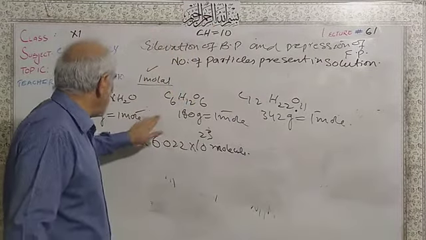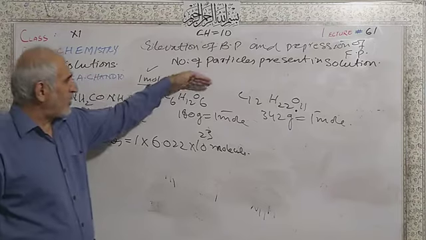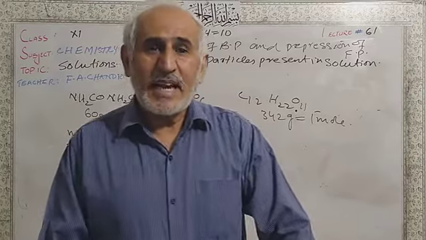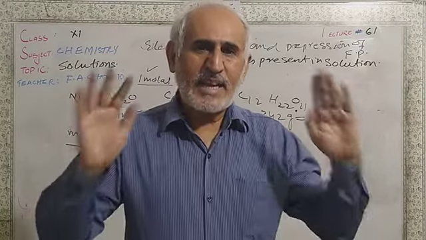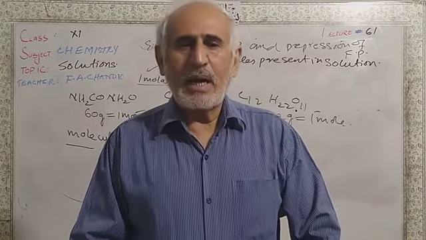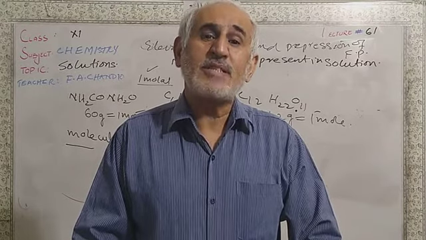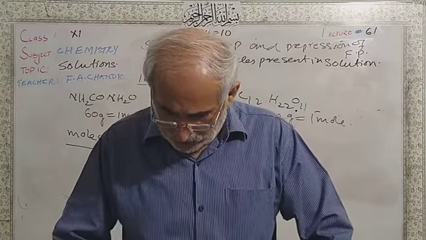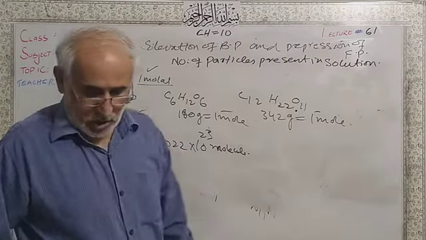This will be the same elevation of boiling point because they have the same number of particles. When they have the same number of particles, their elevation of boiling point and depression of freezing point respectively will be the same.